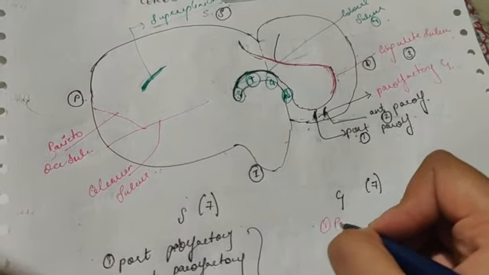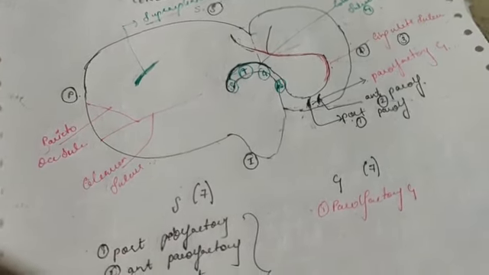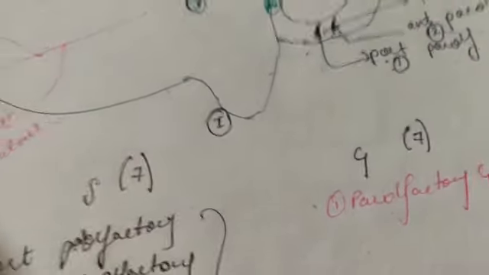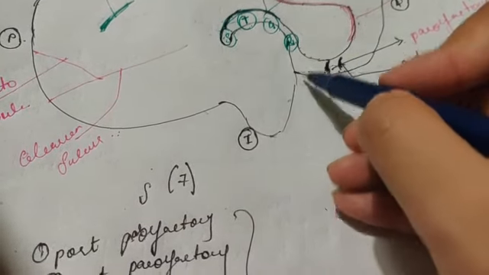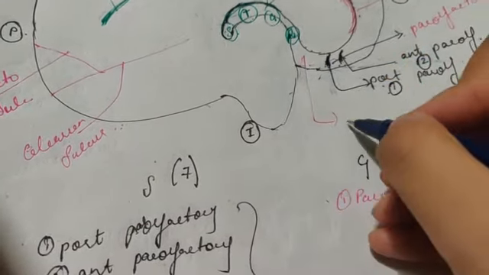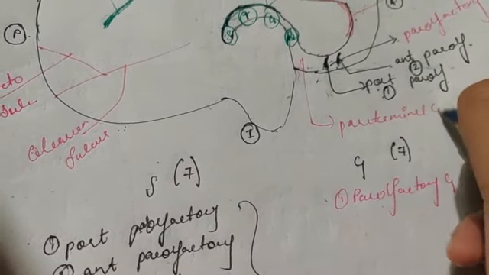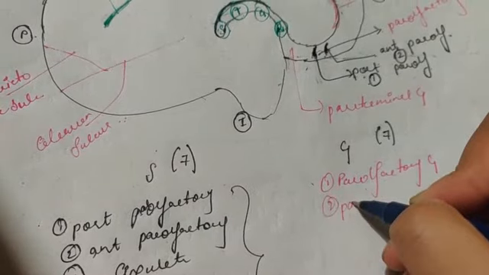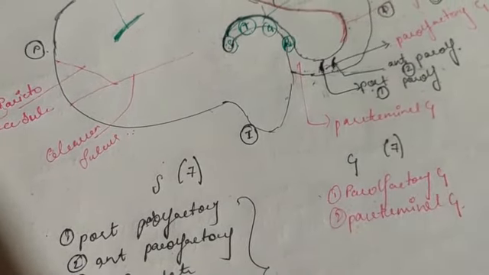So first we have our parolfactory gyrus. After this, behind the posterior parolfactory sulcus, we have the paraterminal gyrus. So our second gyrus will be the paraterminal gyrus.